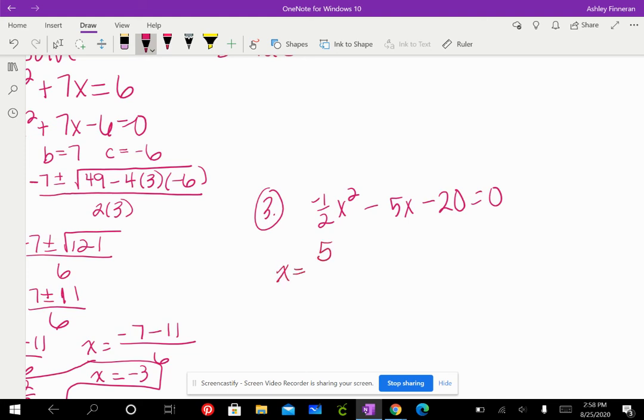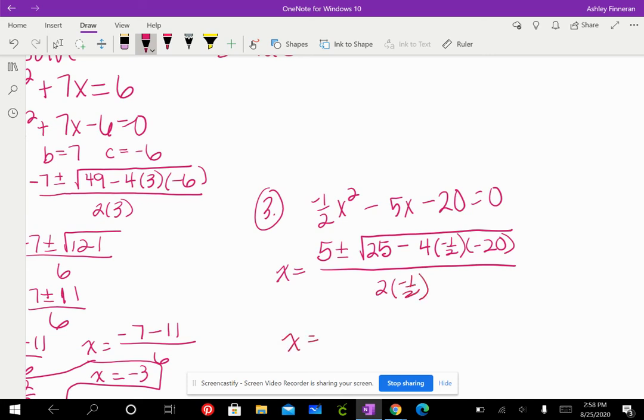So we have the opposite of b plus or minus the square root of b squared minus 4 times a times c, all divided by 2a.